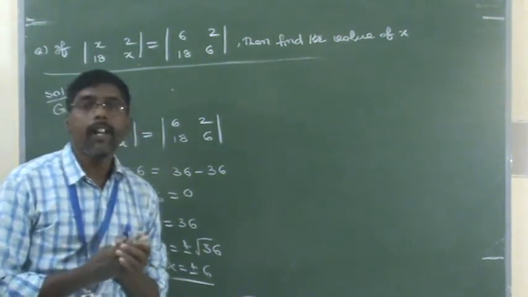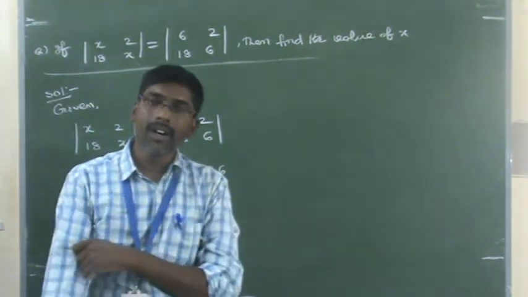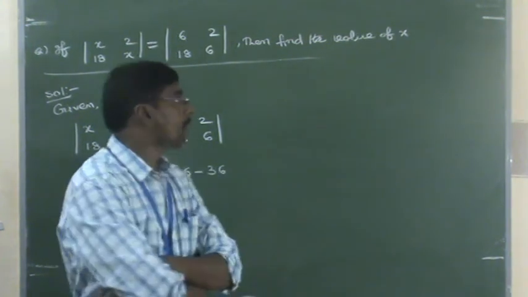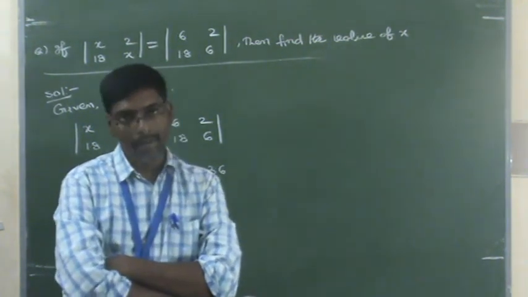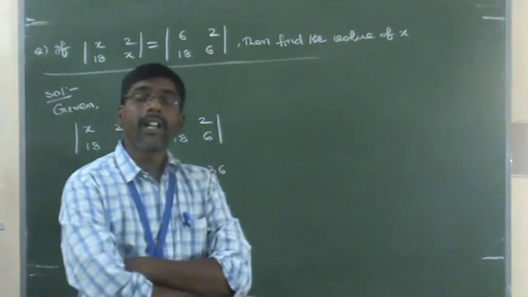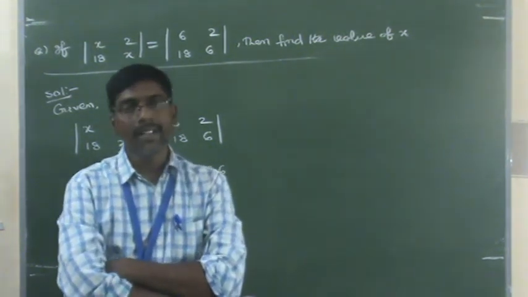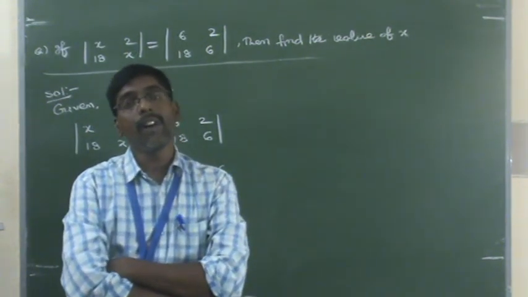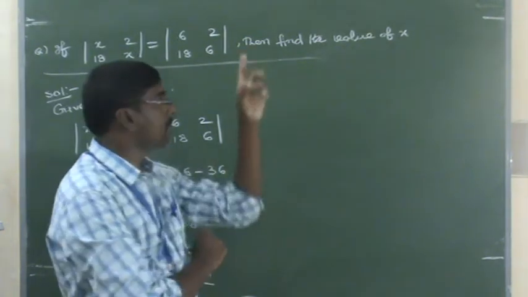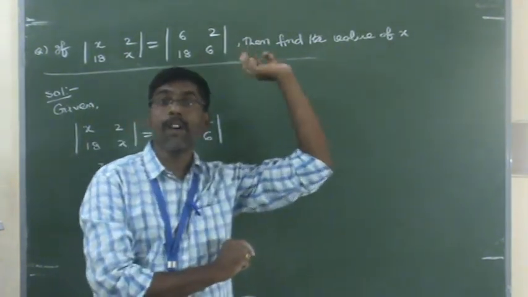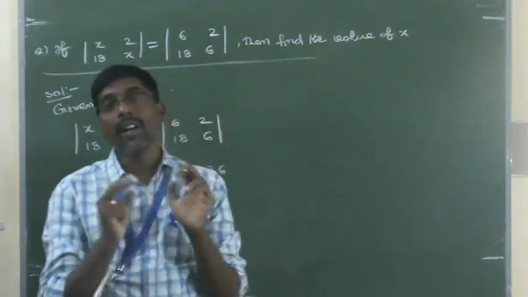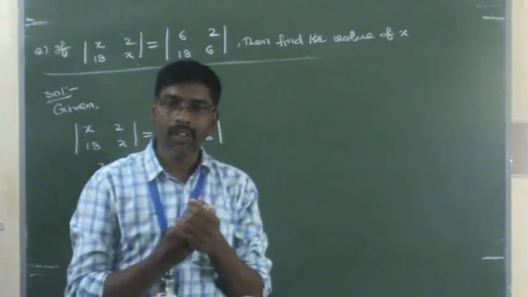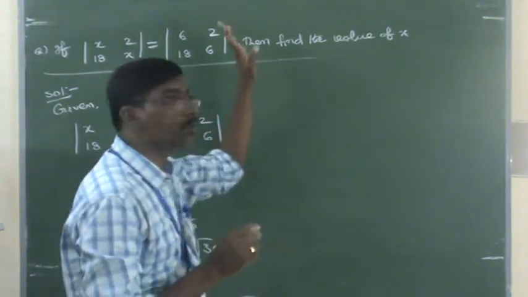In today's class we fully discussed the meaning of the determinant of a matrix, then the determinant of a 2 by 2 matrix, and how to calculate it. Then in the case of a 2 by 2 matrix, whenever two determinants are equal, how to find the values of x, that concept we discussed in today's class.